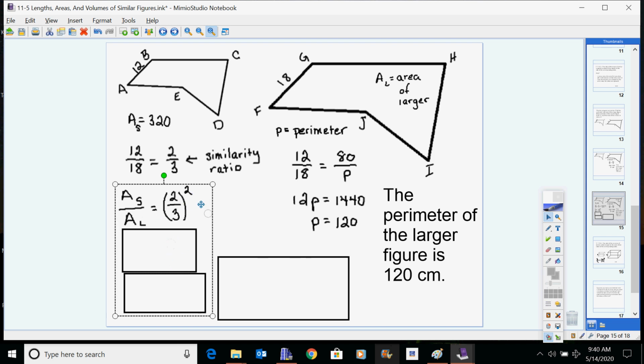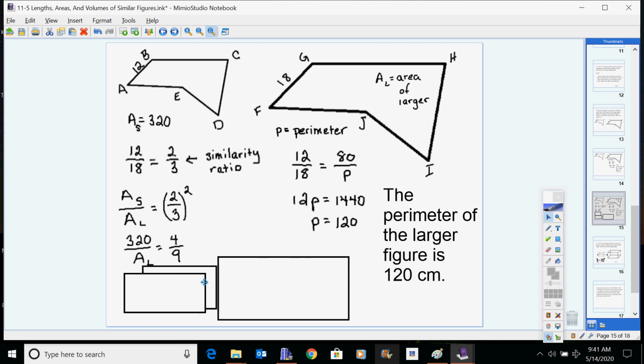And do make sure when you do your similarity ratio that you have the smaller over the larger, or however you decide to do it. You could do larger over smaller as long as you have the other side is larger over smaller, but make sure that they match. Smaller over larger, smaller over larger. Okay, so I need to go ahead and square that. 2/3 times 2/3 is 4/9.